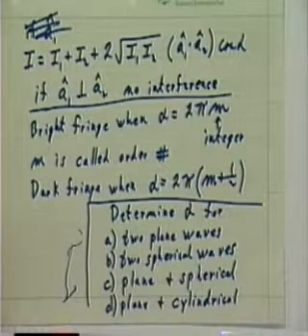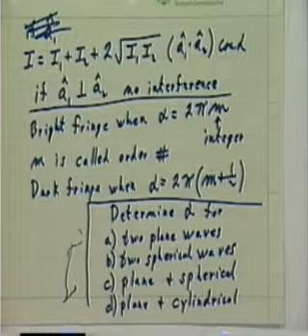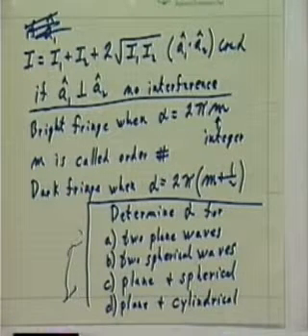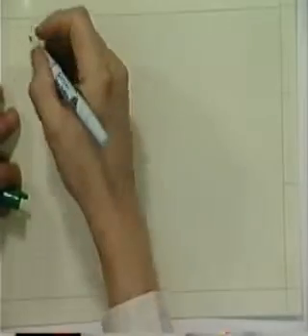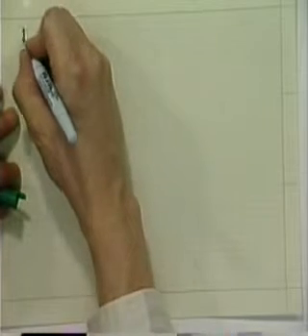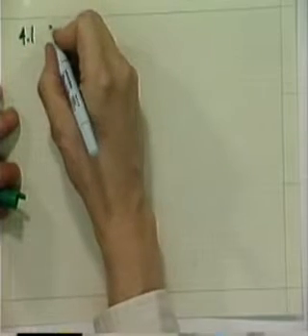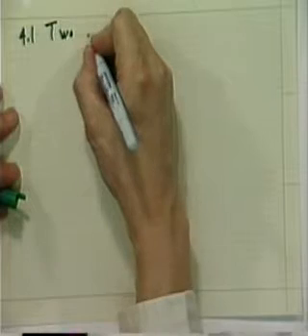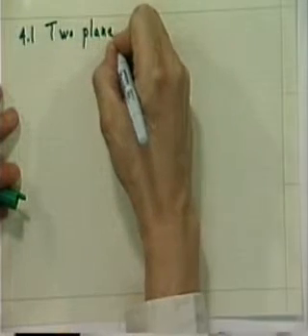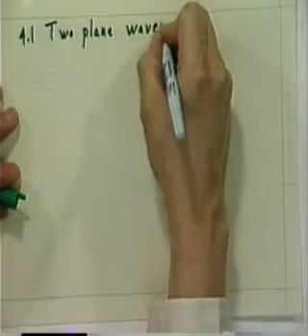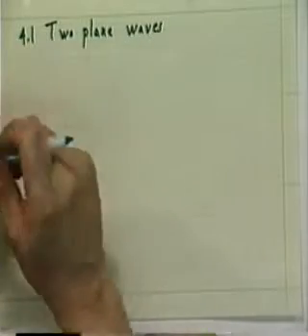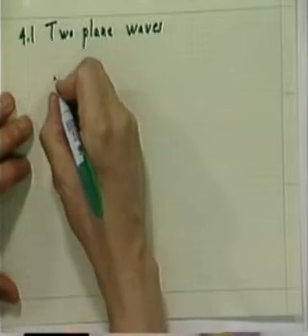Okay, so now let's go ahead and look at 2 plane waves and see what we get. So this is section 4.1, called 2 plane waves. Let's just write this down.